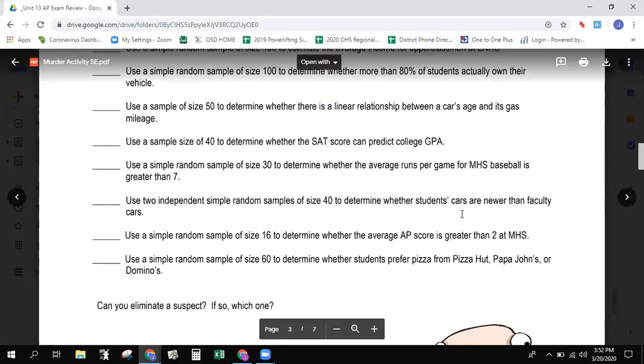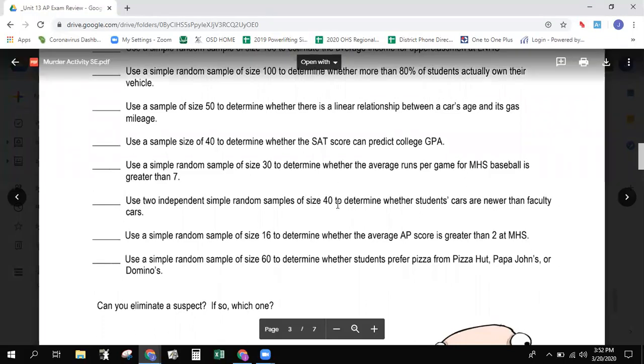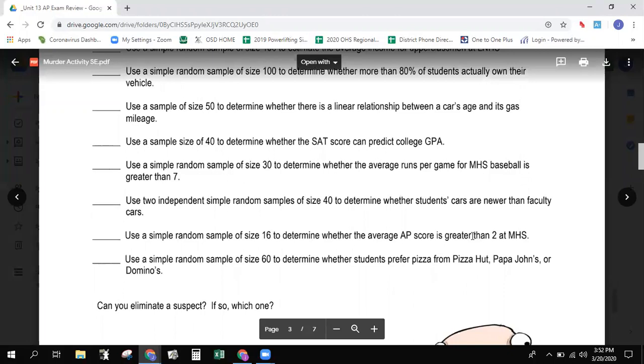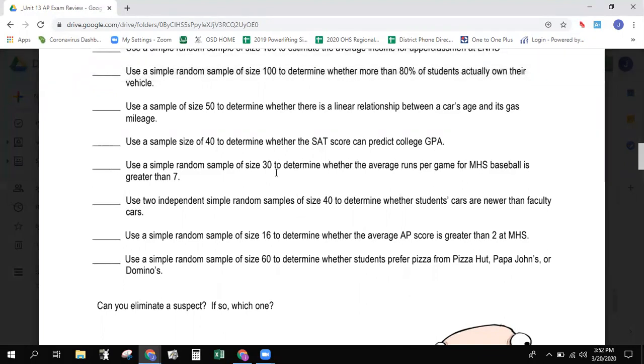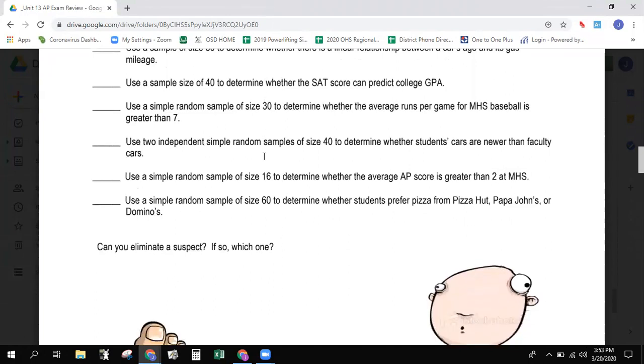The way I think about that, they're going to take a sample of students' cars and get the average age of them, or model year, and then take the faculty cars and see what their average age is. So that's a 2 sample t-test in that situation. So a 2 sample t-test is E.